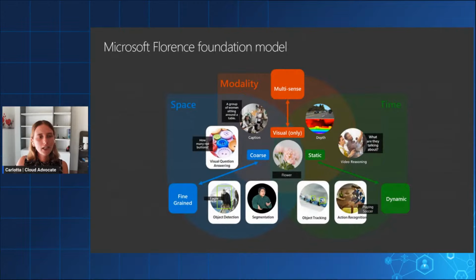Now, Florence significantly improved the vision image analysis capabilities, whose latest version is in preview, and it's called Image Analysis version 4. Including enhanced image captioning and groundbreaking customization capabilities with few-shot learning.